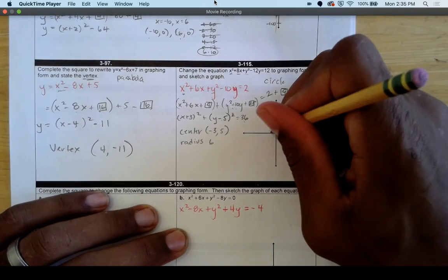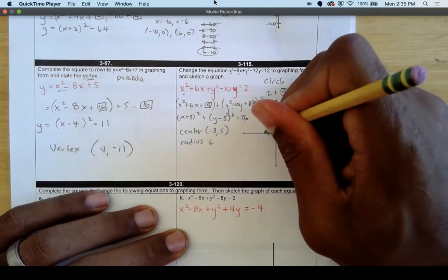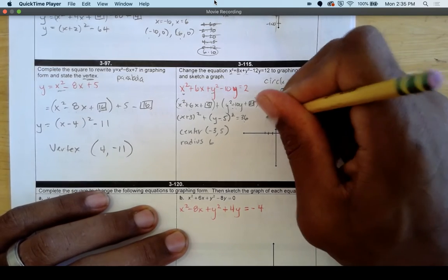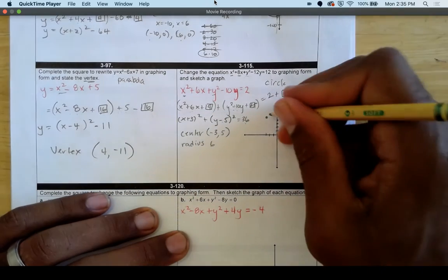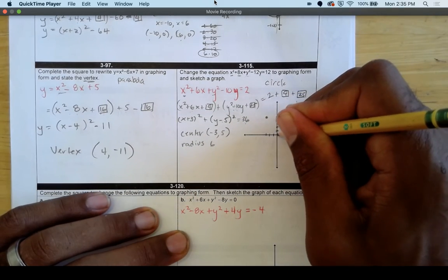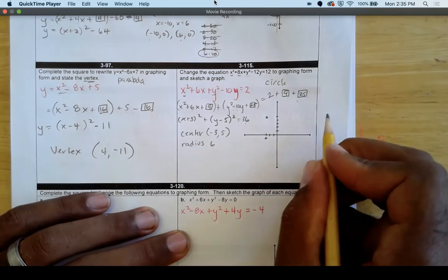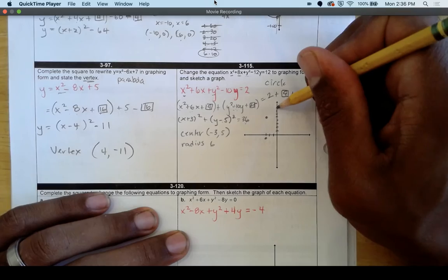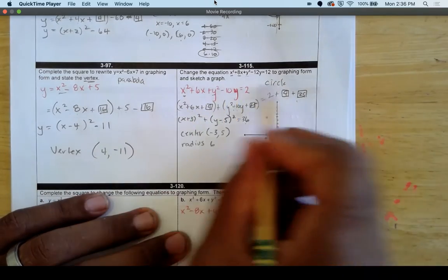So first I'm going to graph the center, negative 3 over 3, then up 5. Put that there, and then I got to go 6 all the way around. So I got to go 6 down, 1, 2, 3, 4, 5, 6, about right there. And then up 6 to go the other way. This is again why it's important to leave room for this problem. At least you guys can start your longer part of the problem up here, and you'll probably still have room.